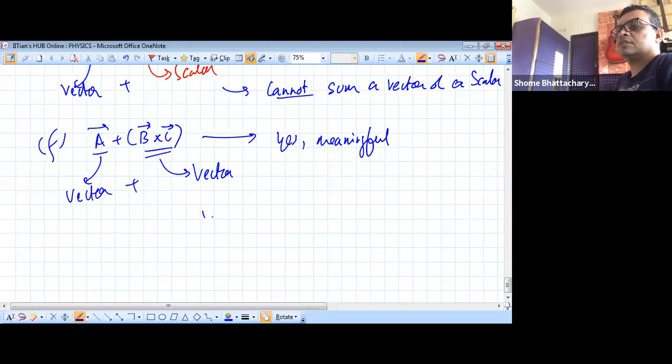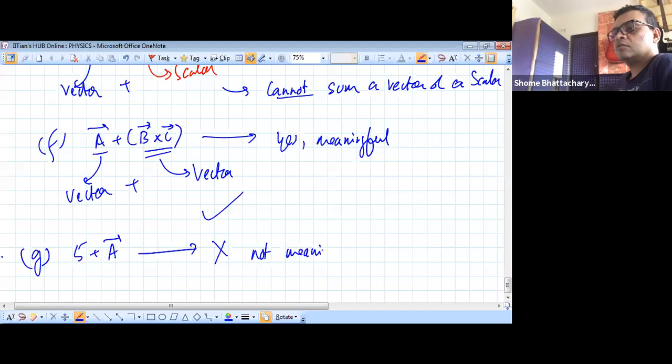So you can add vectors. Makes sense. Similarly, option G, you've got 5 plus e. You can see that no, this is not meaningful, because this is a scalar over here.